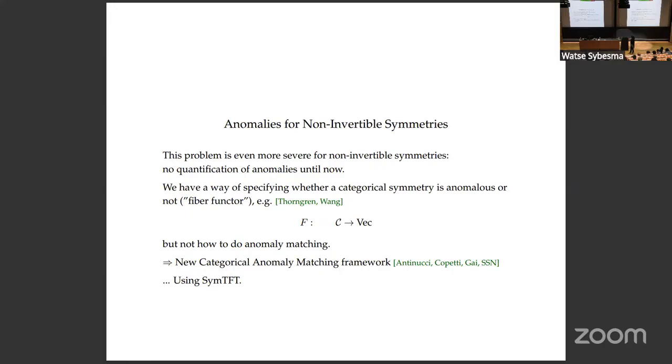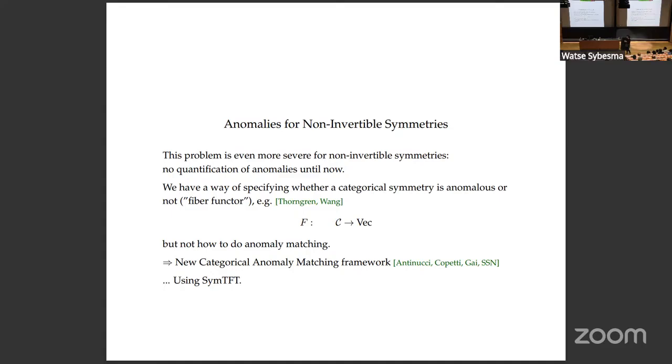And for non-invertible symmetries, it's even more stringent because it's not even clear what's a symmetry, what's an anomaly. There's, as I said, this criterion, the fiber functor, which just says if you have a category and you have a map to the trivial symmetry, and that satisfies some criteria, then that's actually telling us it's non-anomalous. But it doesn't tell you, if it's anomalous, what the anomaly is.